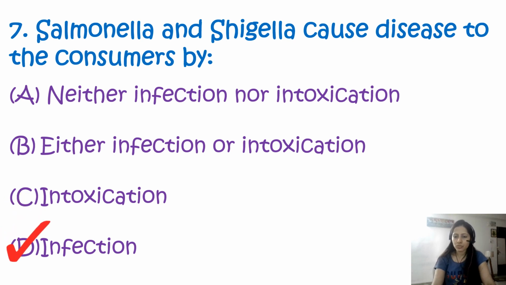When these pathogens are ingested, they colonize and multiply in our intestine and cause the infection. In contrast, intoxication occurs when the toxins produced by the bacteria are ingested and it leads to illness or causes the disease. So over here my correct option would be D, that is infection.